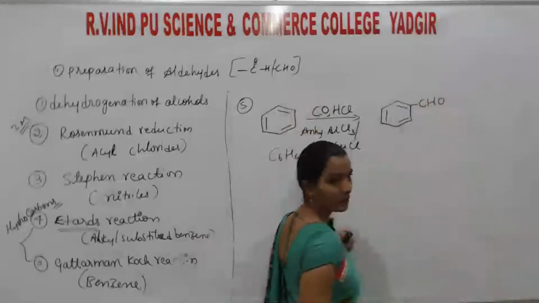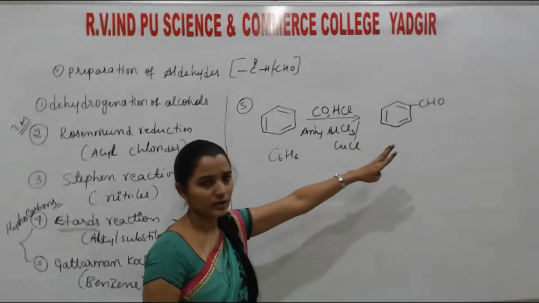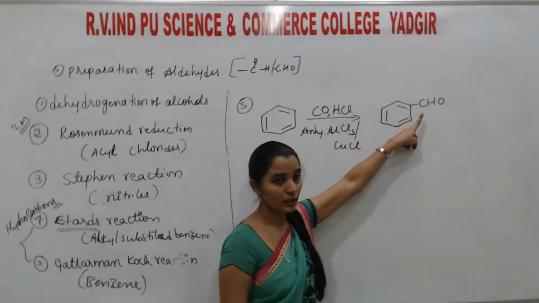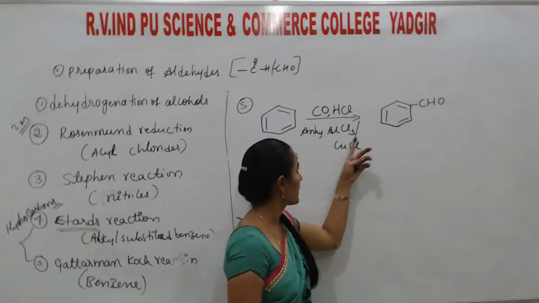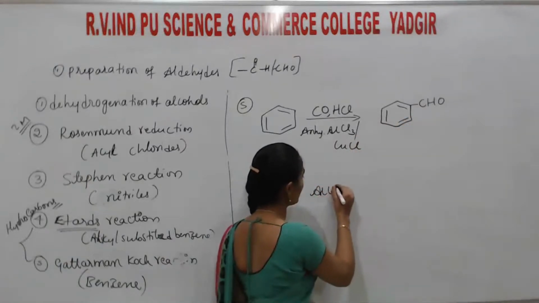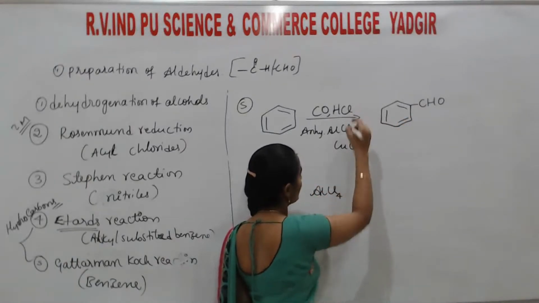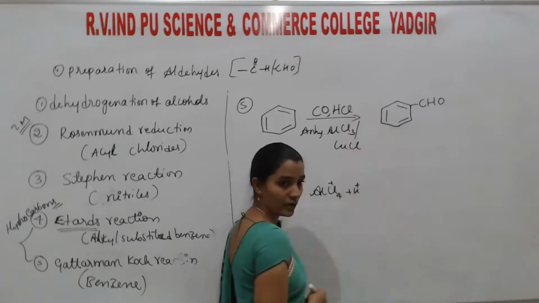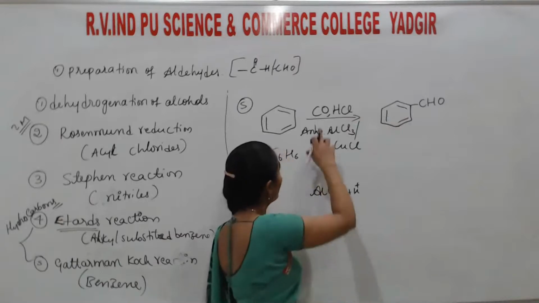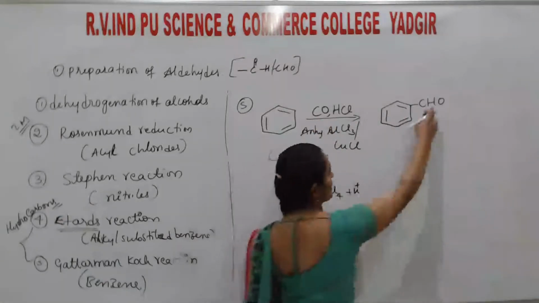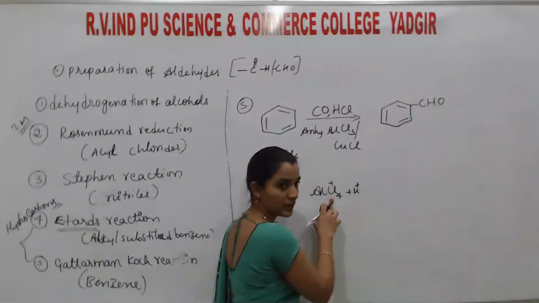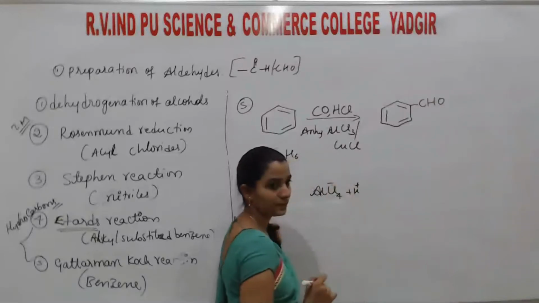The mechanism is different. In this, AlCl3 forms AlCl4 minus, along with H plus. So this is involved in the mechanism to add the CHO. This H is removed, and this Cl minus is there.